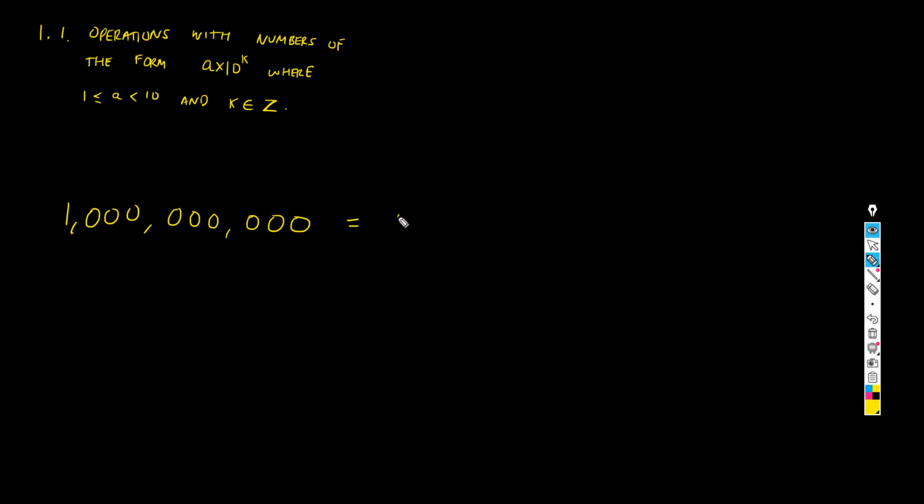We write 1 times 10 to the 9. All of this number is exactly the same as 1 times 10 to the 9. If you actually calculate 10 to the 9 and multiply by 1, you will get this number. This type of notation is what we refer to as scientific notation. That's one of the names that it receives.